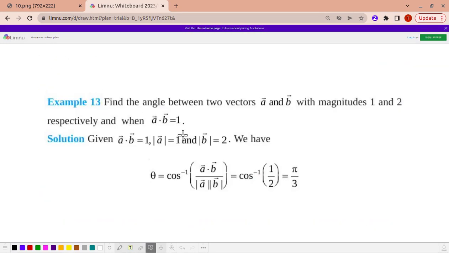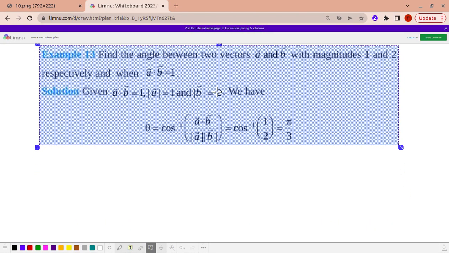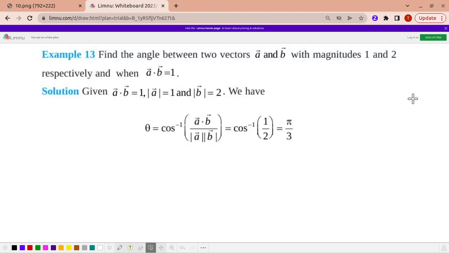So dear students, the first question: find the angle between two vectors A and B with magnitudes 1 and 2 respectively, and A dot B equal to 1. What are the preconditions?